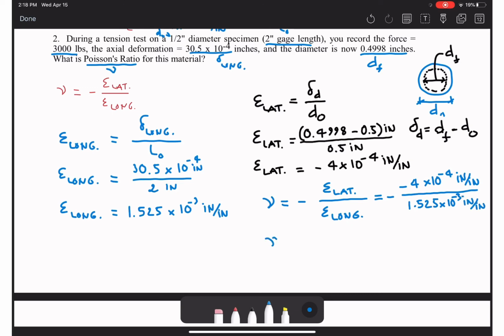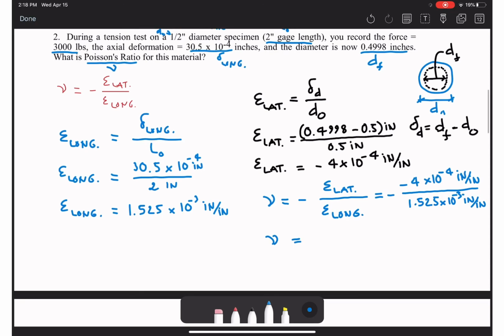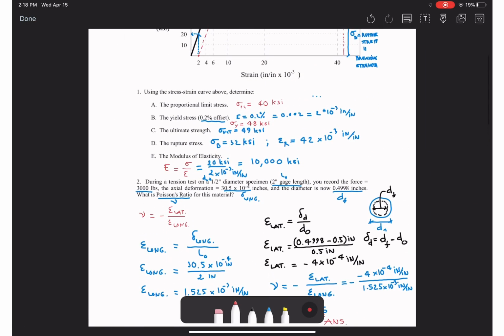So from that we get nu, the Poisson ratio, equal to 0.26, which makes sense because normally it goes in the range between 1/2 and 3/4. So with that we finish this problem 3A for lesson 3.